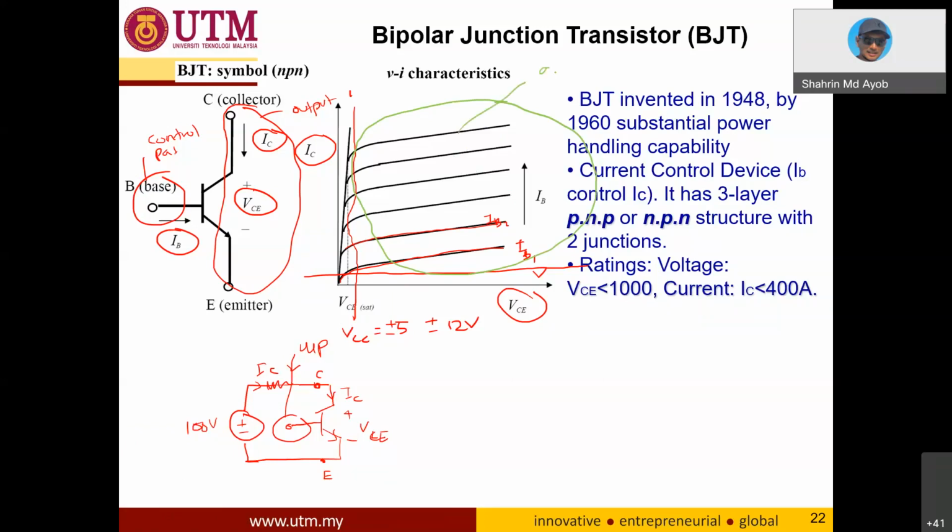This is what we call the active, or sometimes linear, region. In electronics, they say that you need to operate your transistor in this region, because this is where your transistor will operate as an amplifier, right?